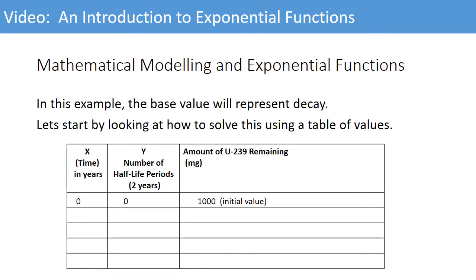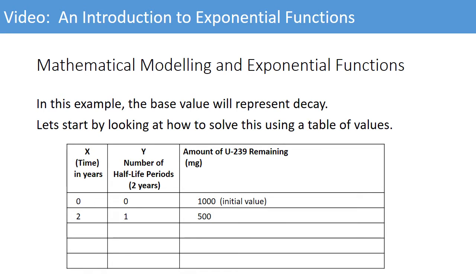The initial value we are told is 1,000. So at time 0 years, no half-lives have occurred, so we have 1,000, our initial amount. After 2 years, one half-life has occurred, so our value has gone from 1,000 to half that amount, 500.